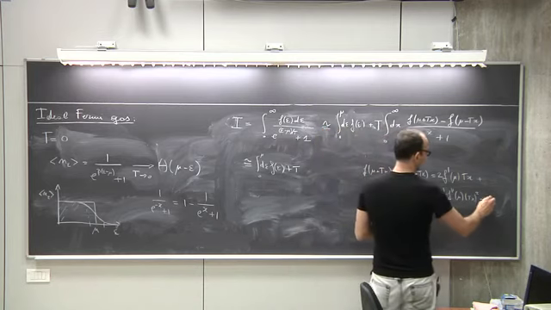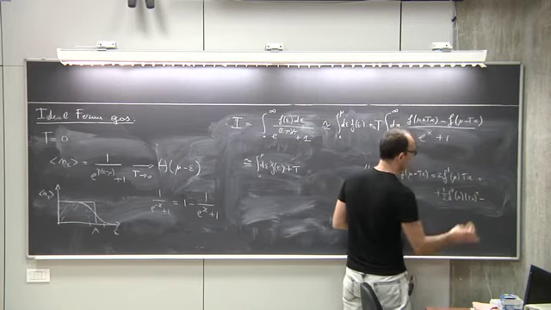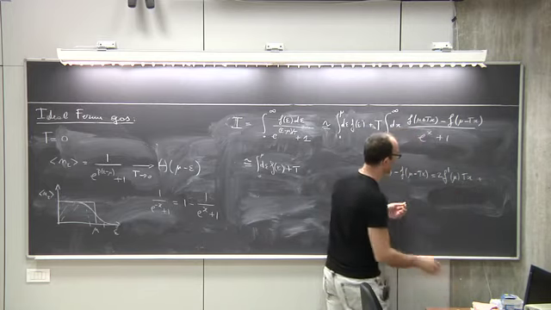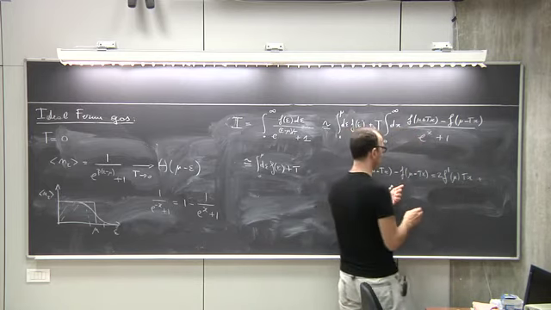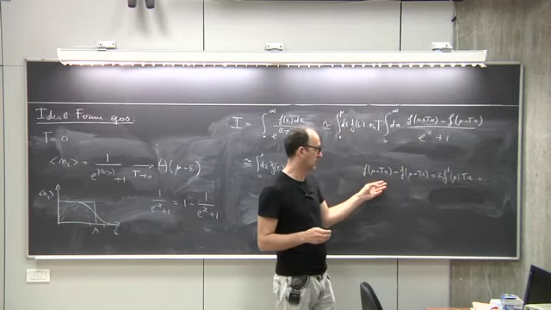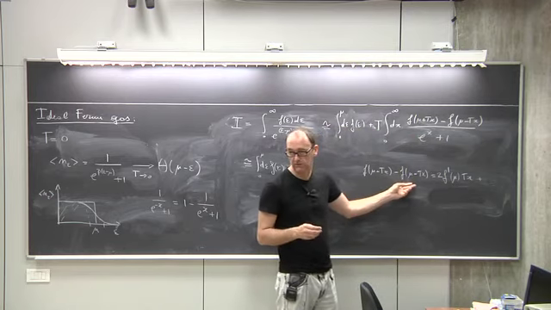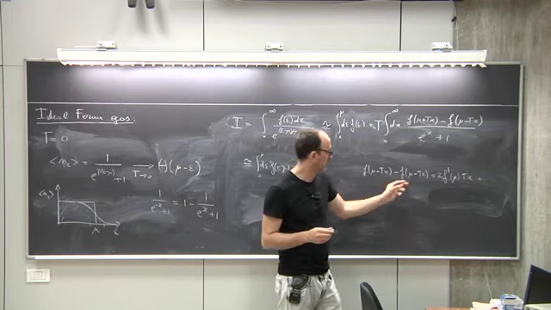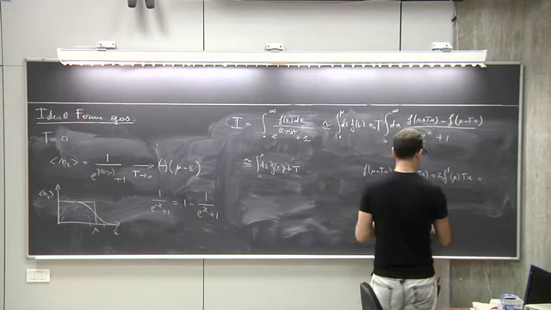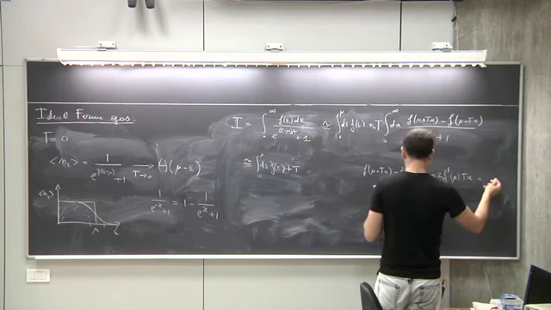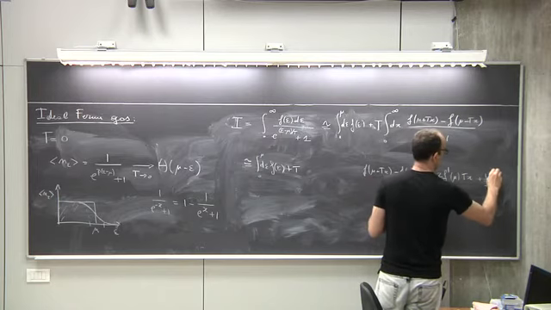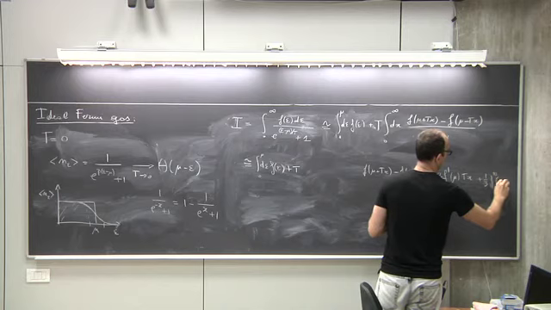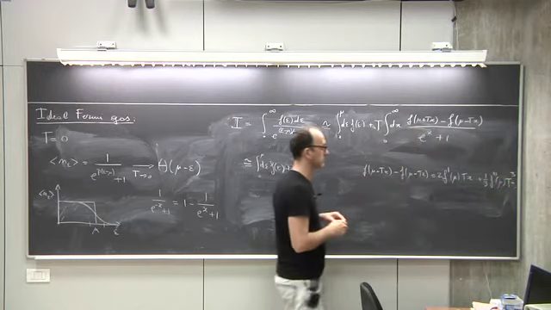So the next order term will be proportional to the third order derivative. So there will be 1/3 factorial times 2, f3 of mu times t cubed.